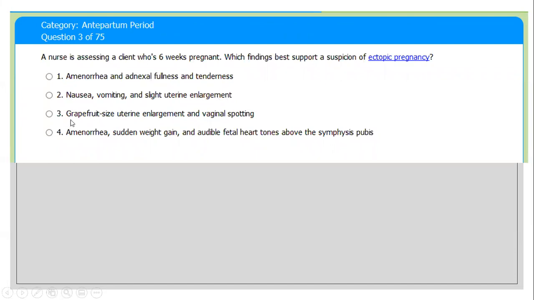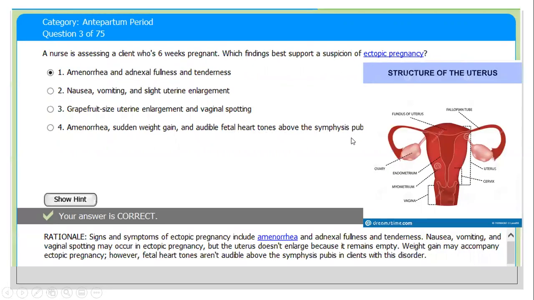Number three, grapefruit-sized, enlarged uterus and also vaginal spotting. Number four, amenorrhea, sudden weight gain, or audible fetal heart tones above the symphysis pubis. The correct answer is amenorrhea and fullness and tenderness of the nearby, adjacent structures.